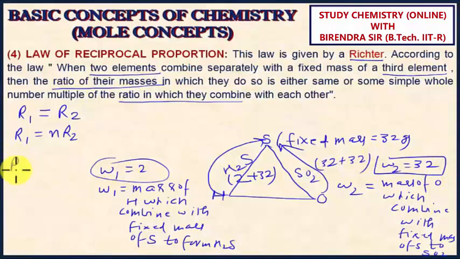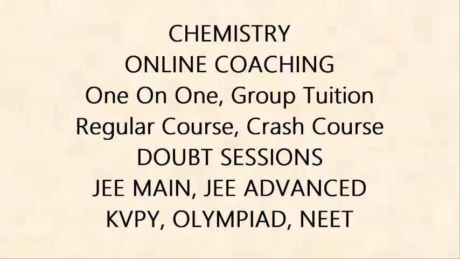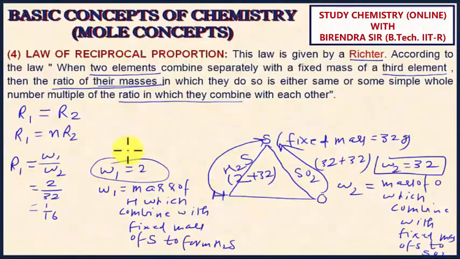So what will be the ratio 1? Ratio 1 is the ratio of masses of first two elements which combine with third, fixed mass of third separately. So R1 will be W1 upon W2, and that is 2 upon 32 is 1 by 16. Now what is ratio 2? Ratio 2 is when first two elements combine with each other and give a compound.